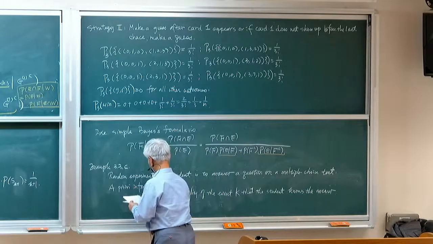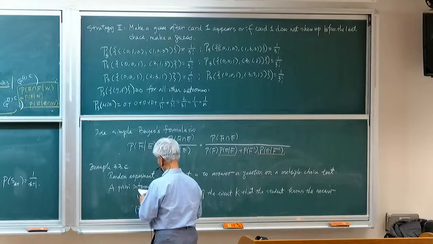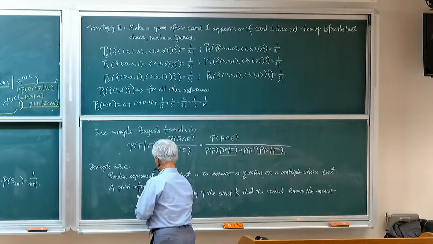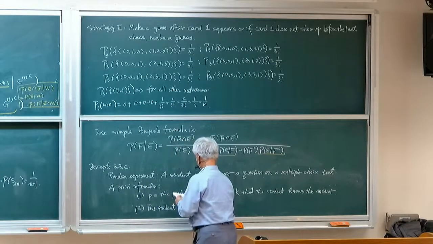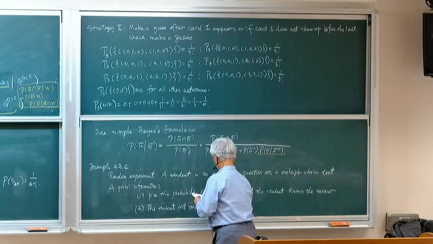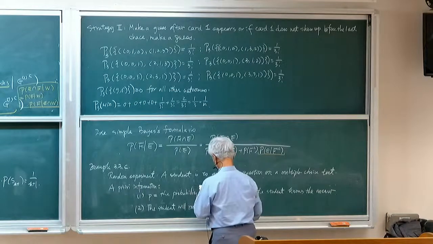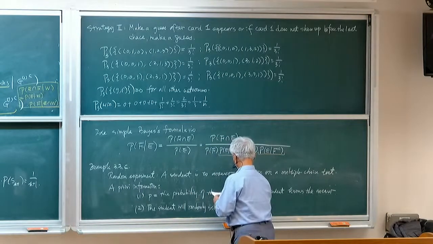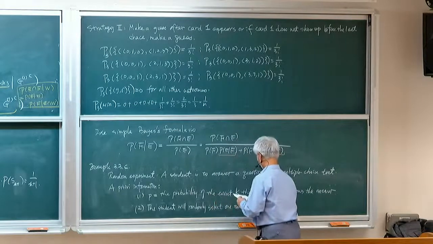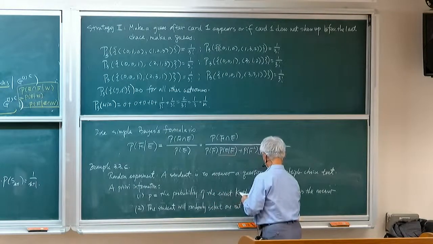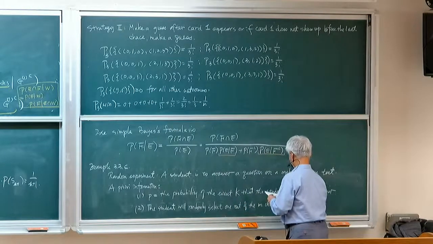The second, the student will randomly select one out of the m choices when guessing.